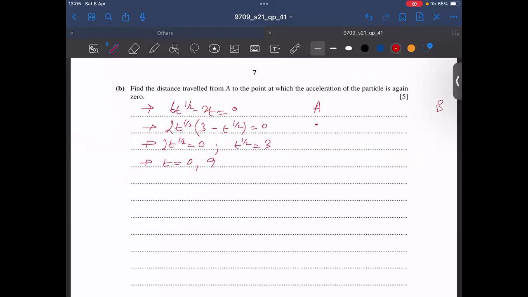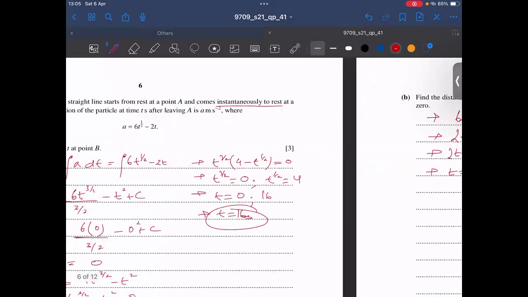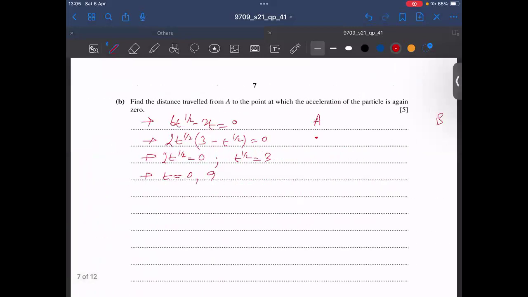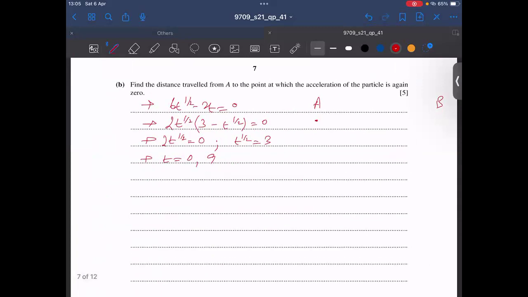All right. And then yeah, I'm supposed to find out the distance traveled from A to the point at which the acceleration of the particle is again 0.